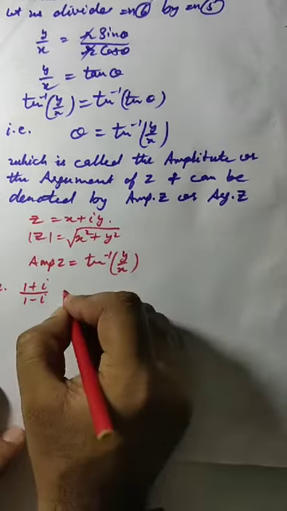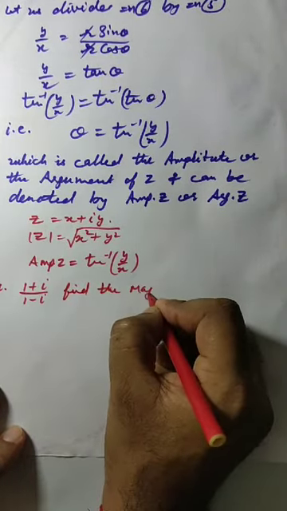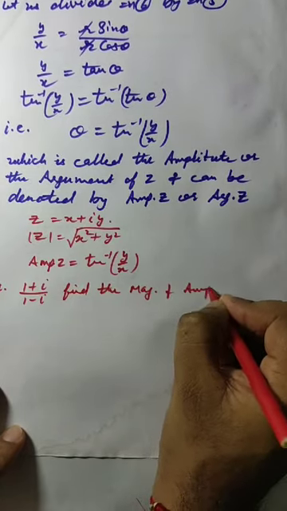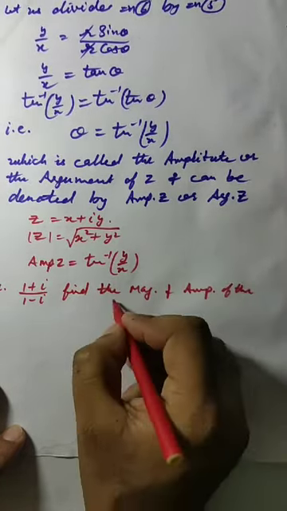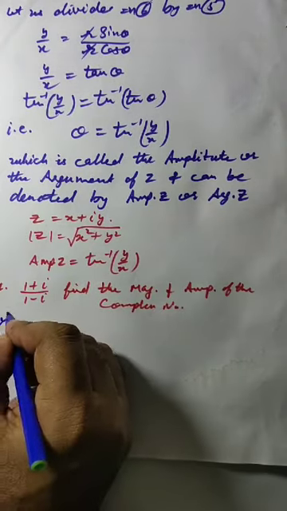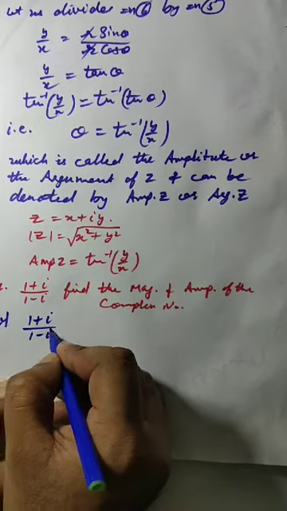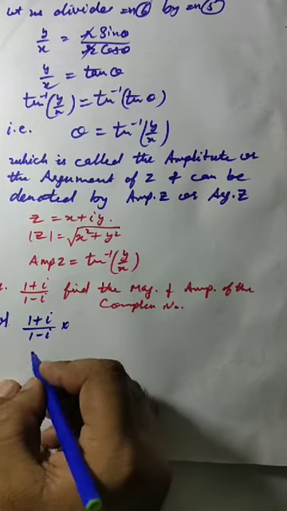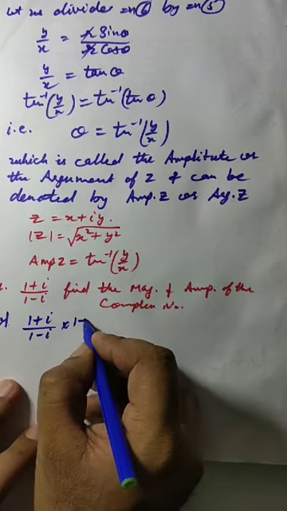Let us find the magnitude and amplitude of the complex number. Solution. Initially, as we know that iota cannot be in the denominator, so we'll rationalize this.